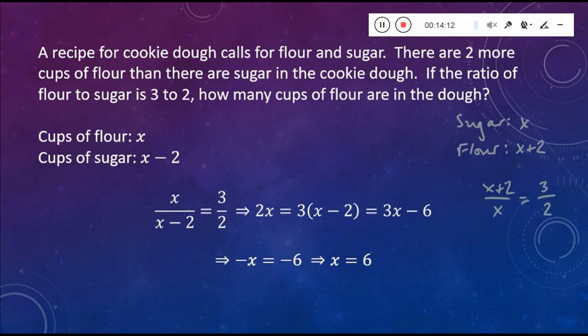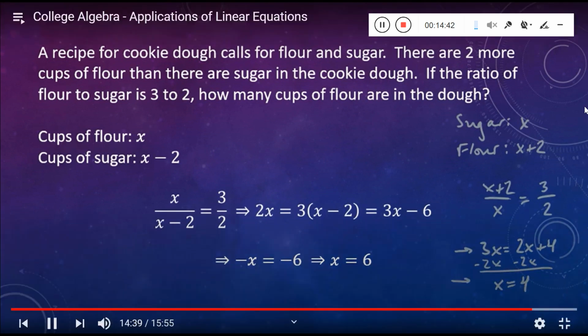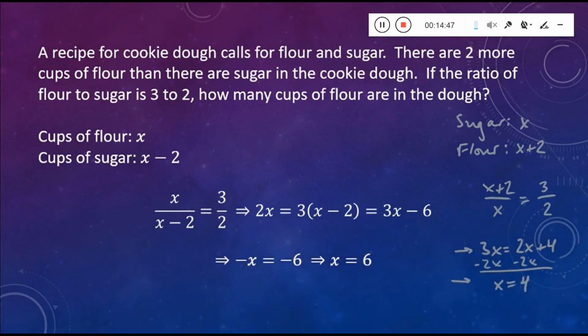And if you cross multiplied, you would get 3x is equal to 2 times x plus 4. You can nicely solve for x here, subtract 2x from both sides, and you find that x is equal to a positive 4. So that's the number of cups of sugar. Take that x value of 4, substitute it back into your flour, and you get 4 plus 2, or 6. So you can still come back to the same answer.